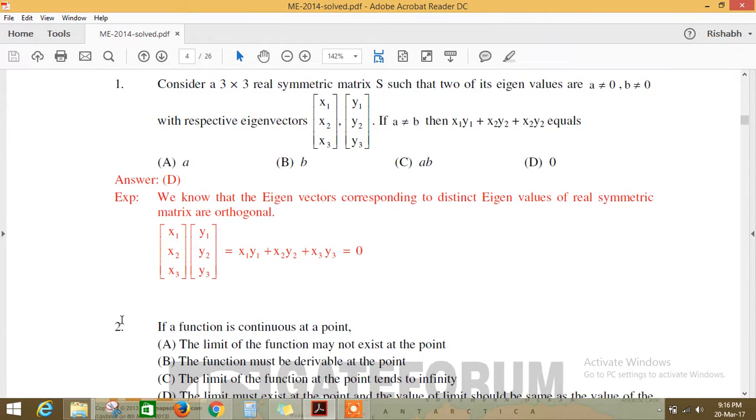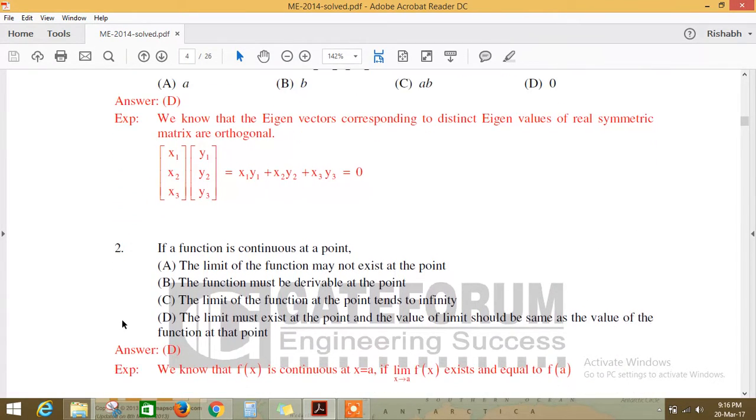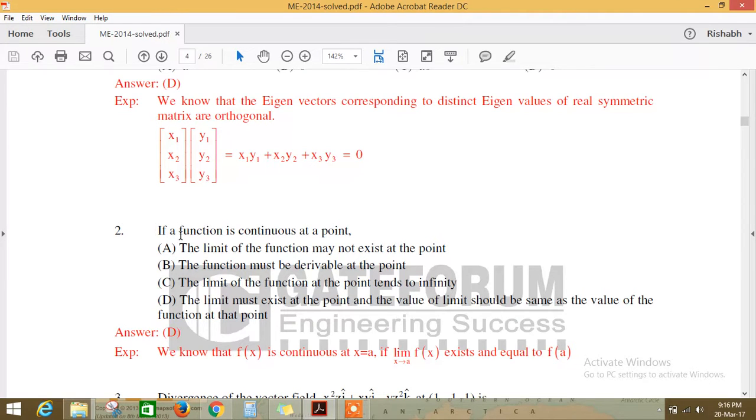Let's go to the next question. It is a direct question. If a function is continuous at a point, you have to find out the correct option. The limit of the function may exist, may not exist: this is absolutely wrong. The function must be derivable at the point: this is also not necessary.